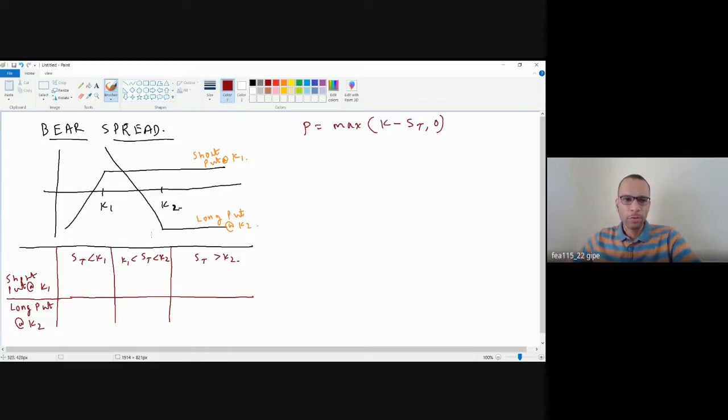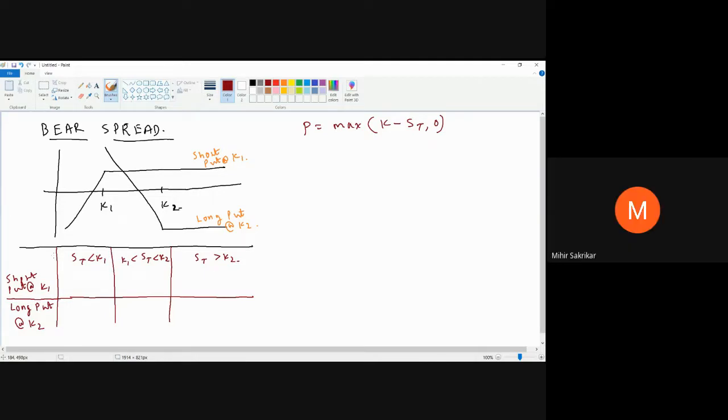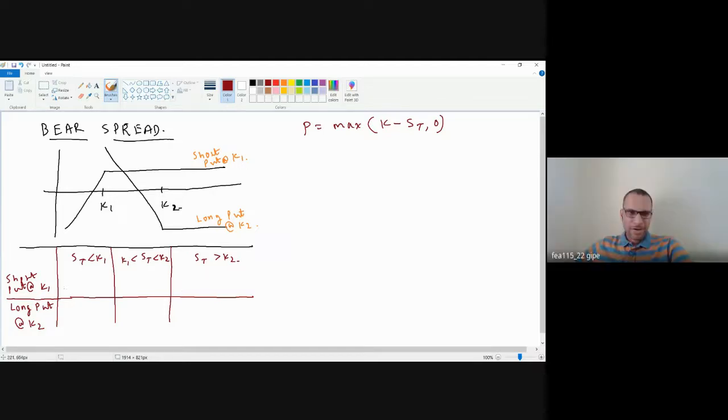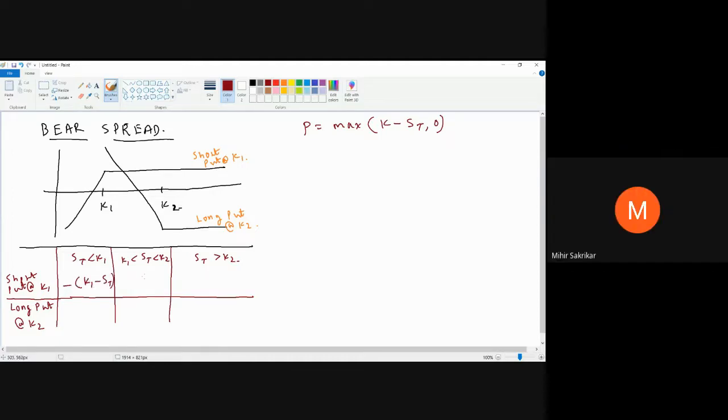Now, would someone like to help fill in the first row? What would happen for a short put at K1? Premium is negative, so it will be a negative payoff. Correct. Very good. The next one will be 0.